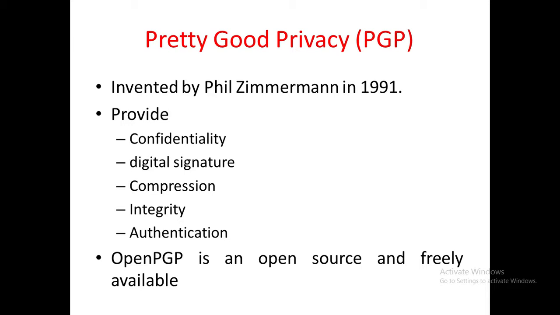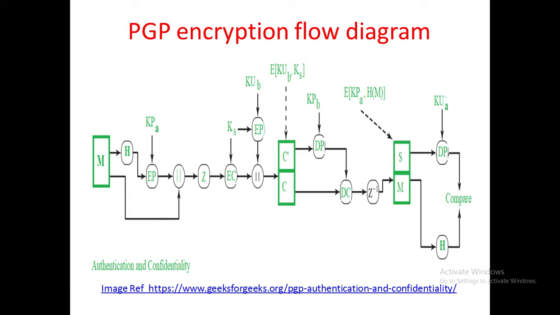So how will it provide all these features? We'll see the diagram. By using this diagram we can easily understand how the email is securely sent to the receiver, and the receiver can see whether he really received that message from the authenticated sender or not.